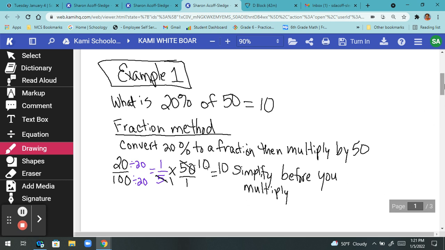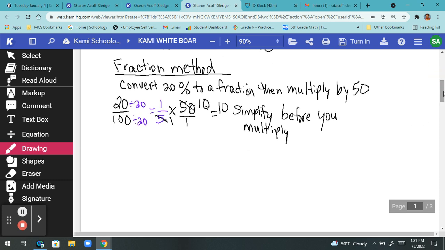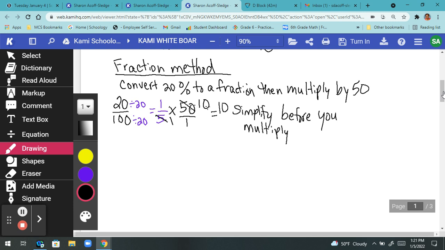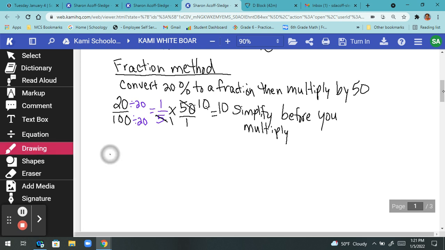And now the other method is to convert to a decimal. We're just going to call it the decimal method.